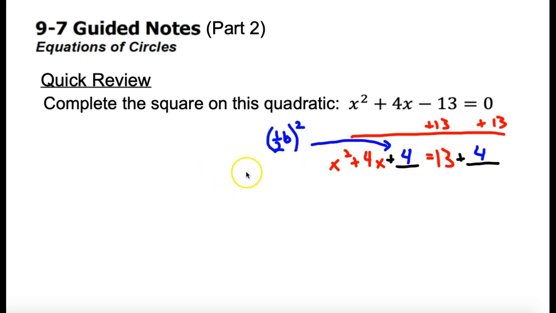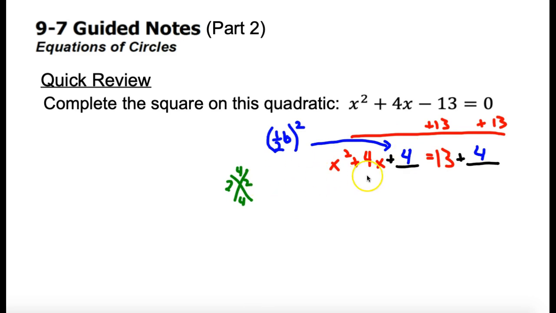If you remember from Algebra 1 from last year, x factoring, I take a times c, so 1 times 4, and that goes down here. So what I'm looking for is two numbers that multiply to 4 and add to 4. Well, positive 2 and positive 2 multiply to 4 and add to 4.